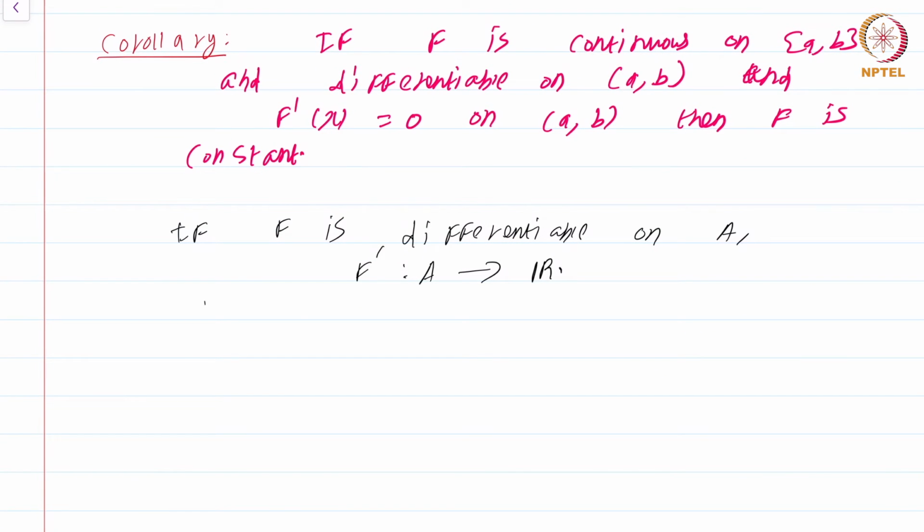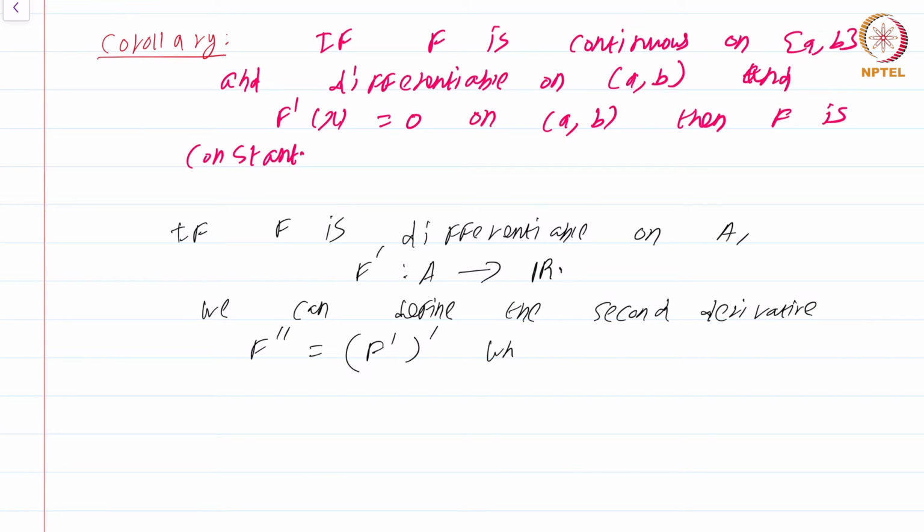Well, we can define the second derivative. The second derivative of f, we write it as f double prime, which is just f prime prime whenever it exists.